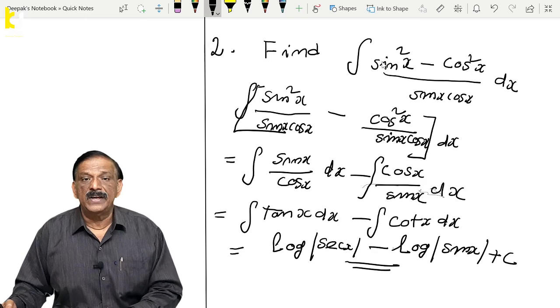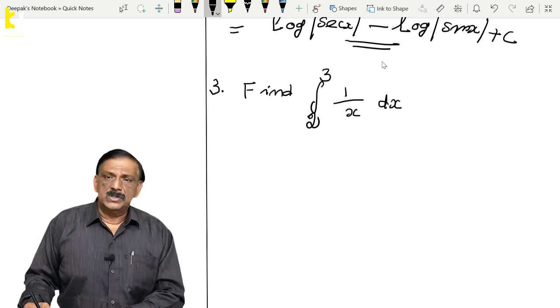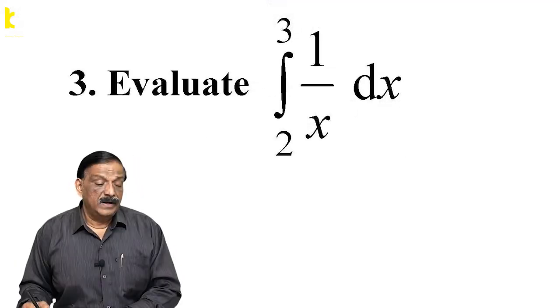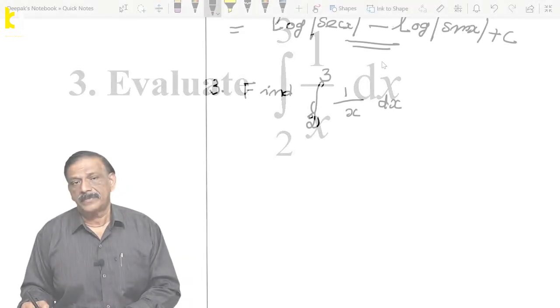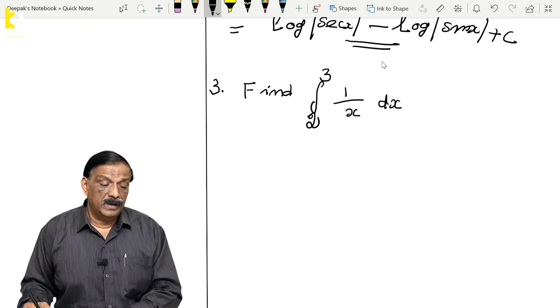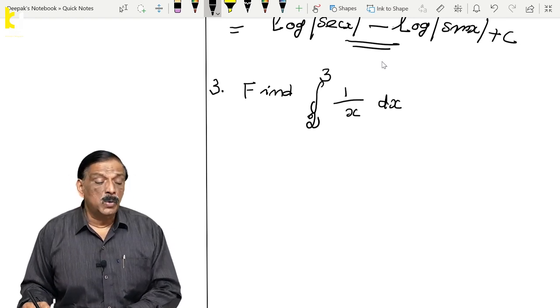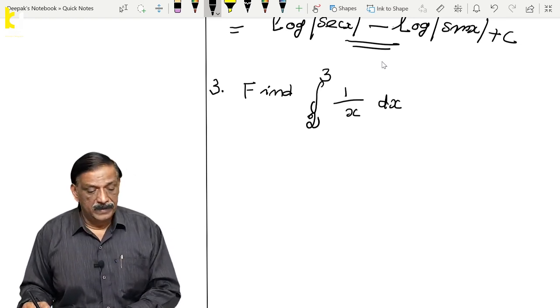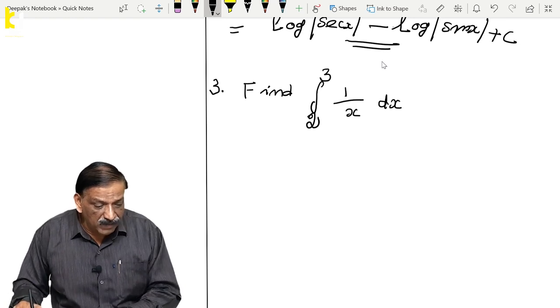Next question is, find integral 2 to 3 1 by x dx. We know the integral 1 by x dx equals log x. So we can apply the formula.